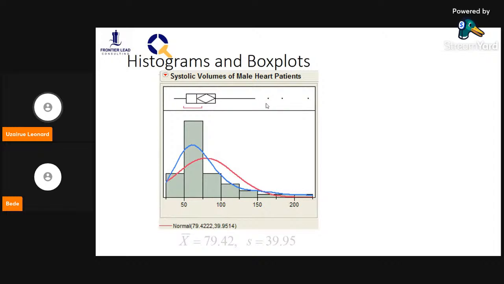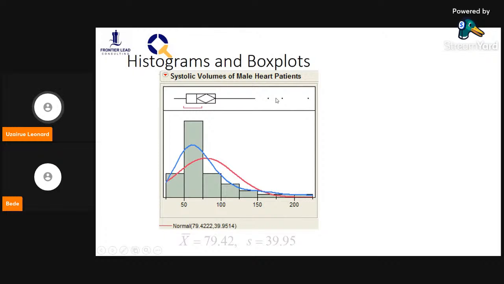So when you are analyzing data, and you have those kinds of extreme data in your data set, they will usually present you with this kind of box plot. Then you will always have these extreme values.